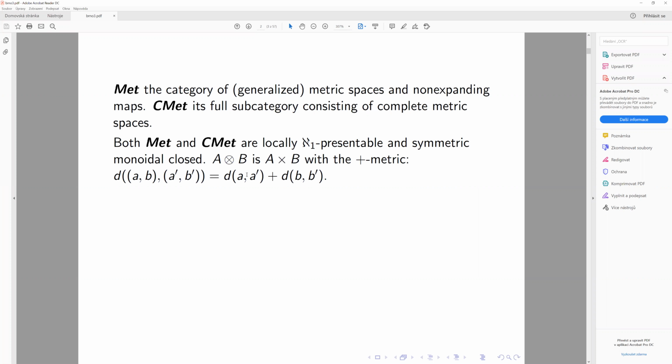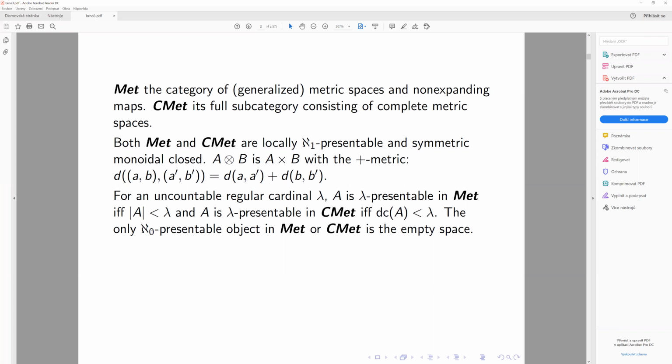So, for instance, ℵ1-presentable objects in complete metric spaces are separable spaces, having a countable dense subset. One has to take uncountable lambda because the only ℵ0-presentable object is the empty space. That is a kind of easy argument, so one has to take lambda at least ℵ1.